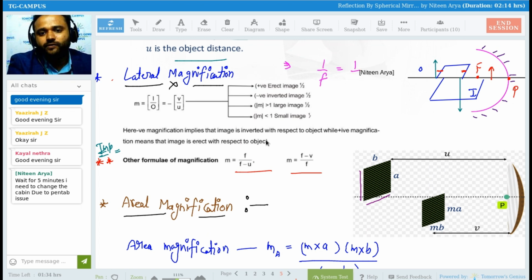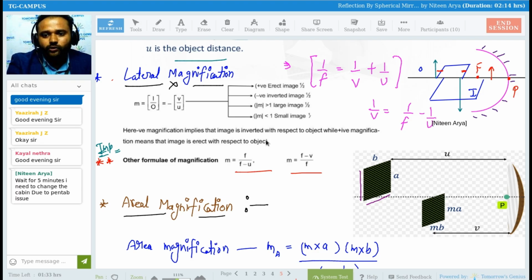So we know the mirror formula: 1 by F equals 1 by V plus 1 by U. If we know the focal length and U only, then 1 upon V equals 1 upon F minus 1 upon U. If you want to find V, it is going to be FU into F minus U, and then we can take U common also. So by this you can derive V. If we know only the focal length and object distance, we can use this.